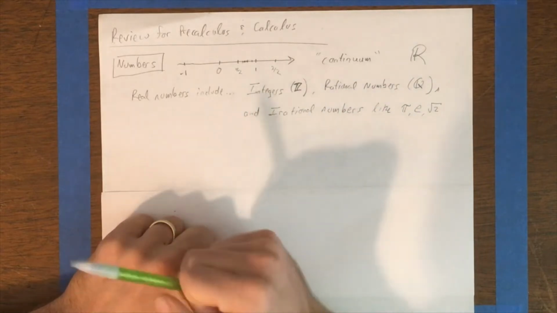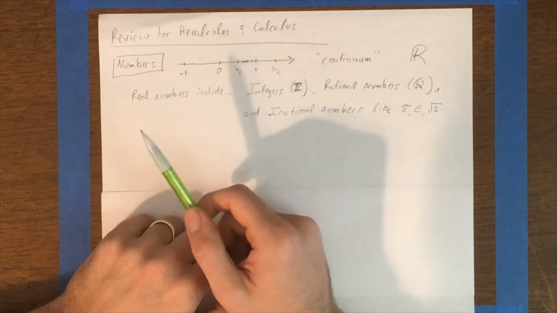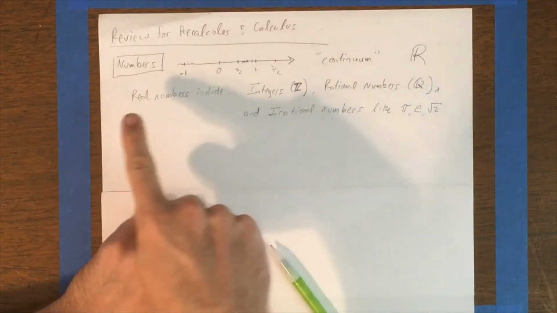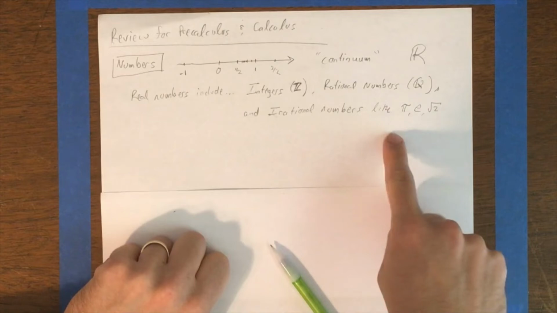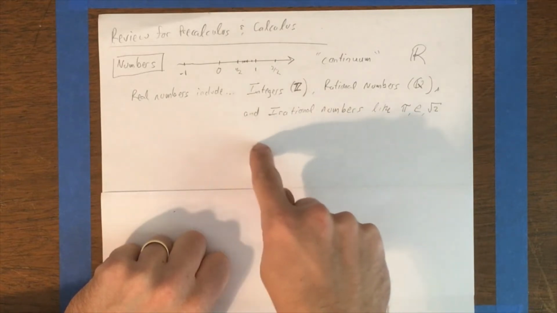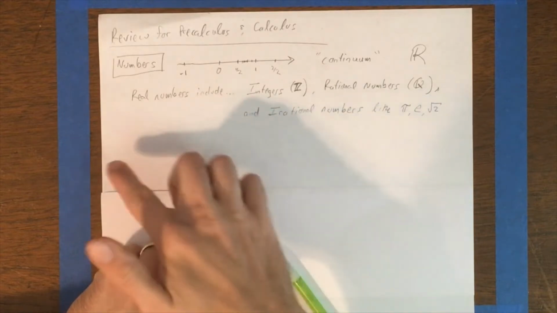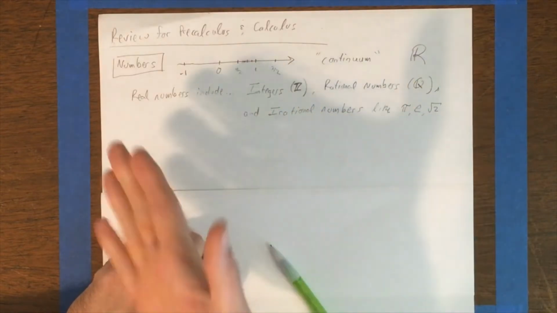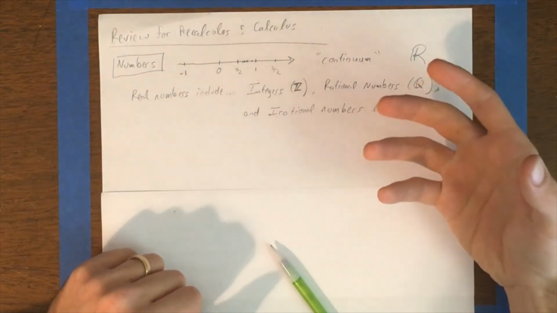Now, part of the reason we use the continuum is because it's very practical. It describes the way space works. When I move my finger back and forth across here, I'm not moving it in little steps. It's not like I'm jumping from one position to the next. I'm moving smoothly and continuously through this space we live in. Space is continuous.